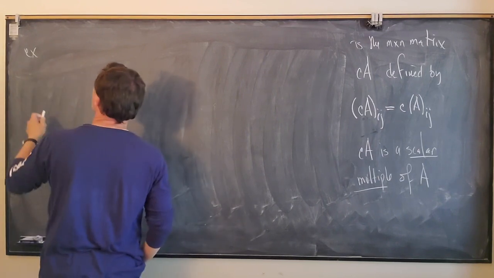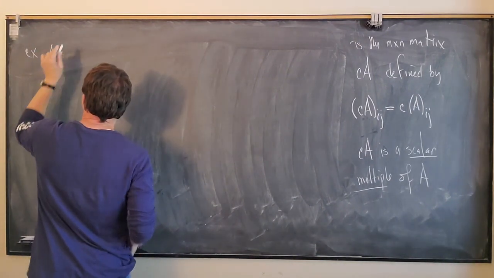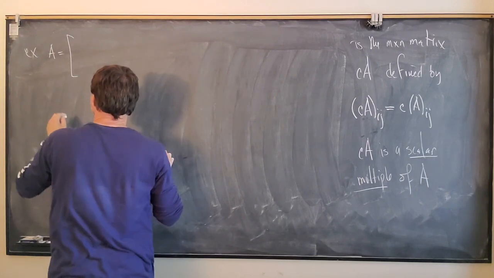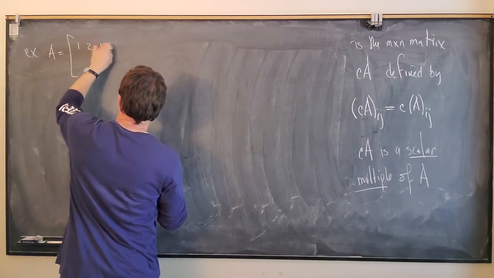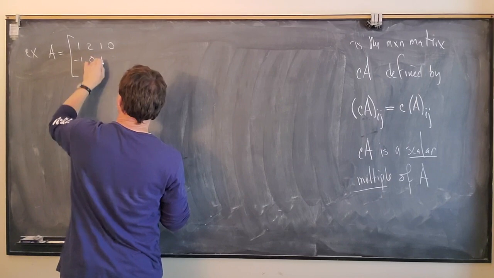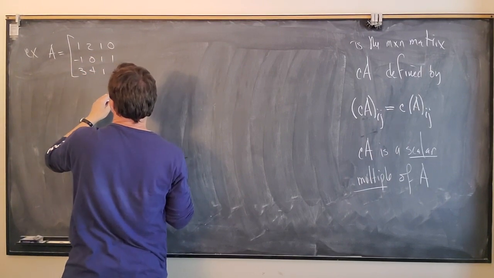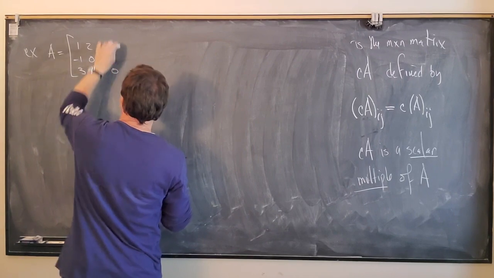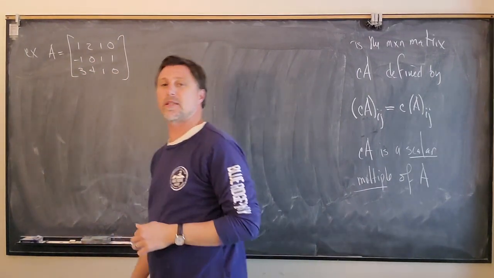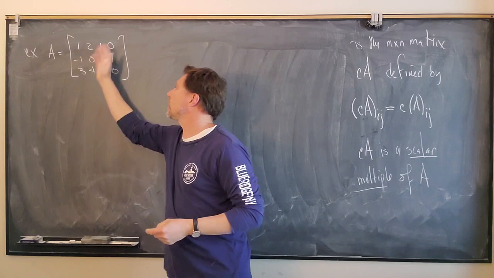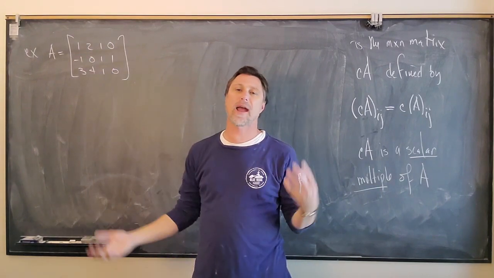So, for example, let's let A equal 1, 2, 1, 0, minus 1, 0, 1, 1, 3, 4, 1, and 0. Notice that with most of the matrices that I do, I use integer entries, so I don't want to deal with fractions and decimals.